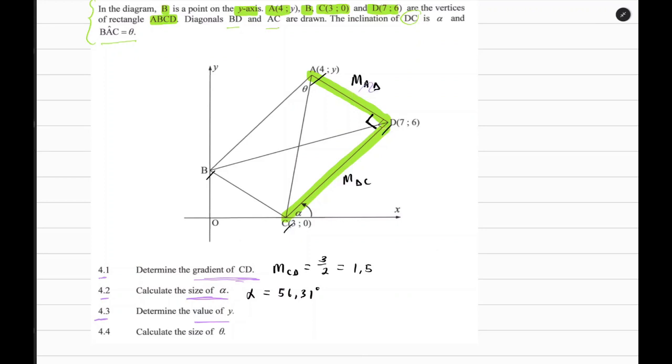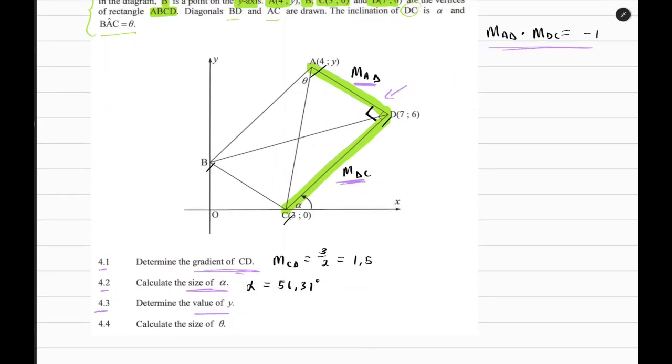So we can apply the formula that states that if you multiply perpendicular gradients, you get -1. That is m_AD times m_DC equals -1. This formula applies to gradients that are perpendicular. This is the case in the given scenario.